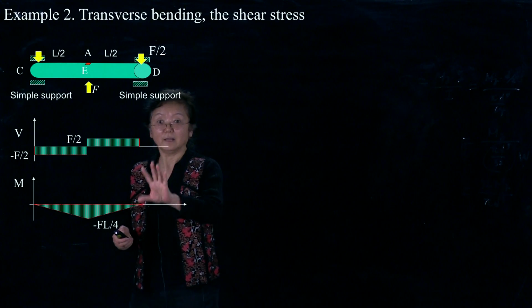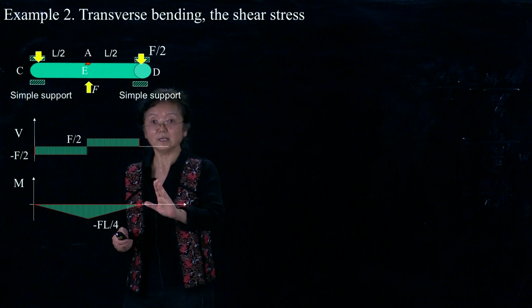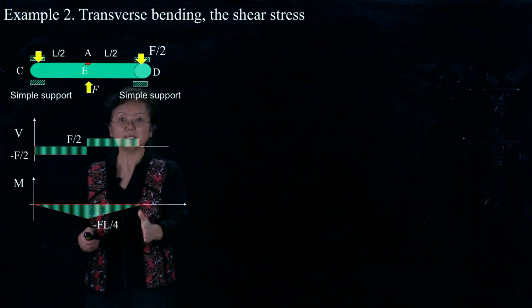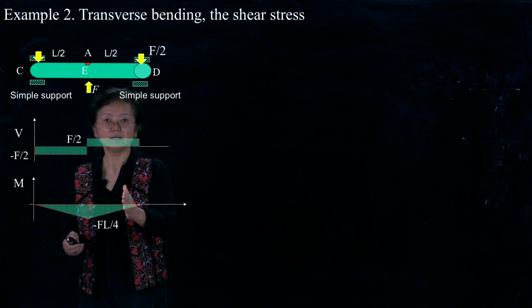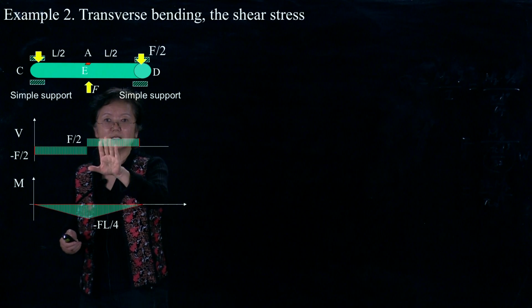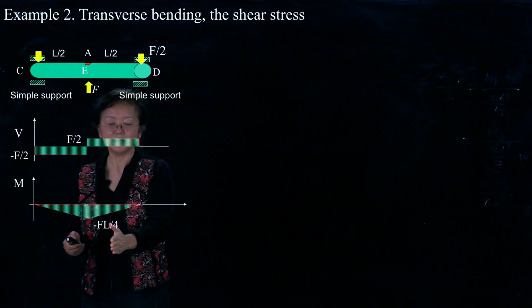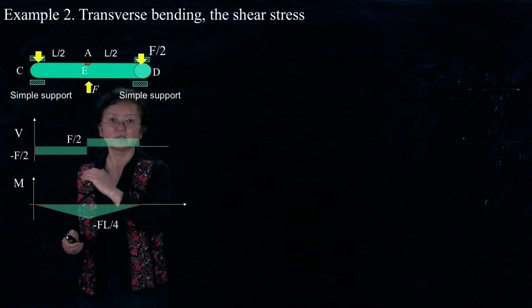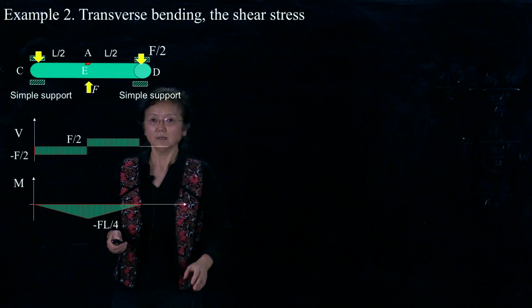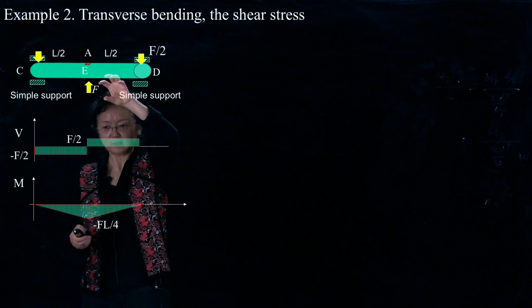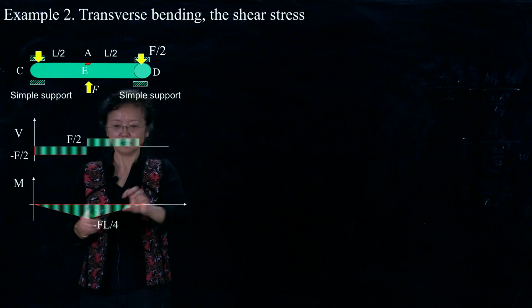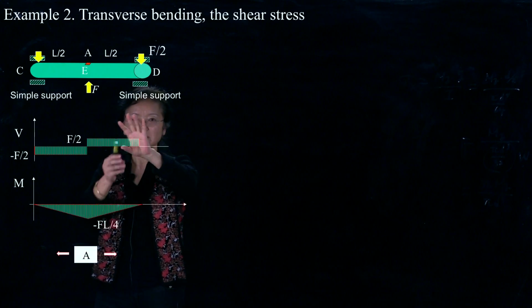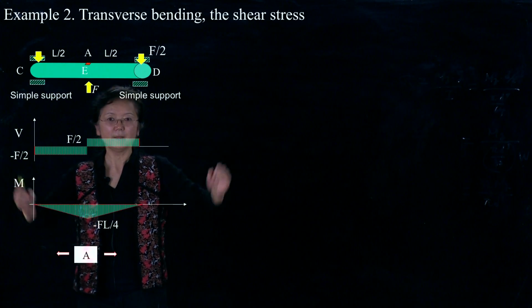Right. In this situation, we see that at each cross-section we see different bending moments. Only at this cross-section A, the bending moment value reaches the maximum. Okay? So then we can pull out this point A and show the stress. And A is under tension, all right?